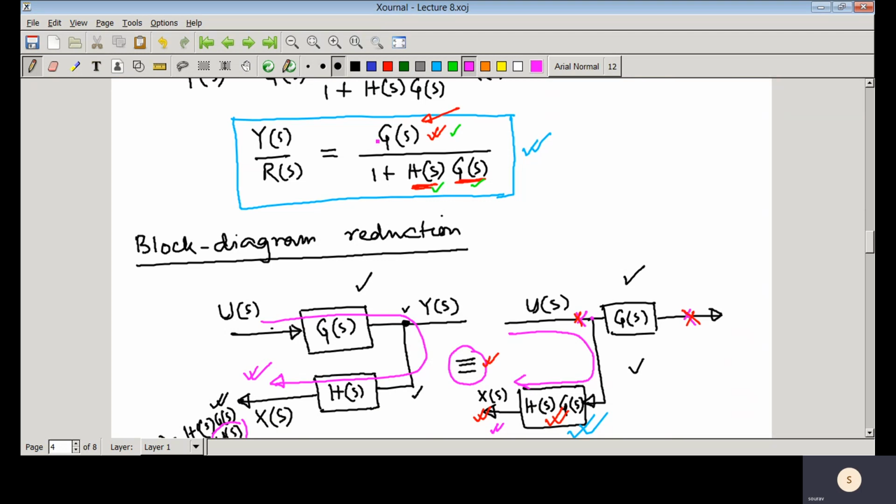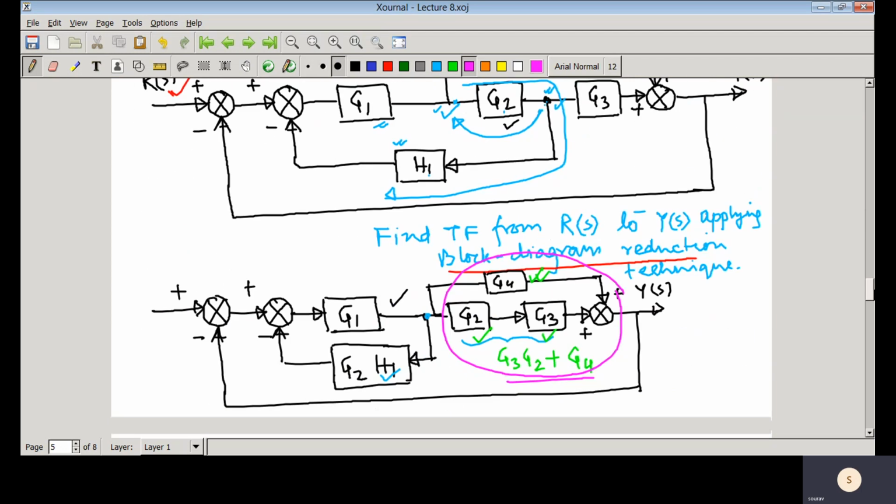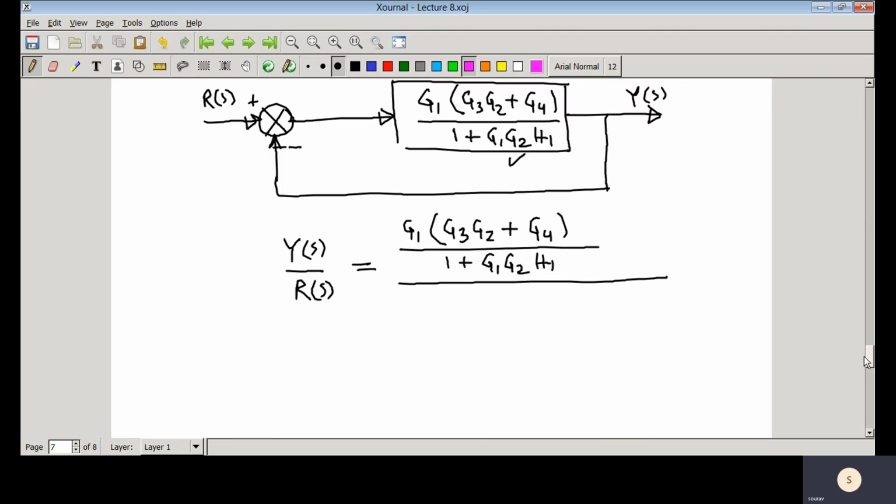Here the feedback path transfer function is 1, so that is 1 into the forward path transfer function, that is G1 G3 G2 plus G4 divided by 1 plus G1 G2 H1.